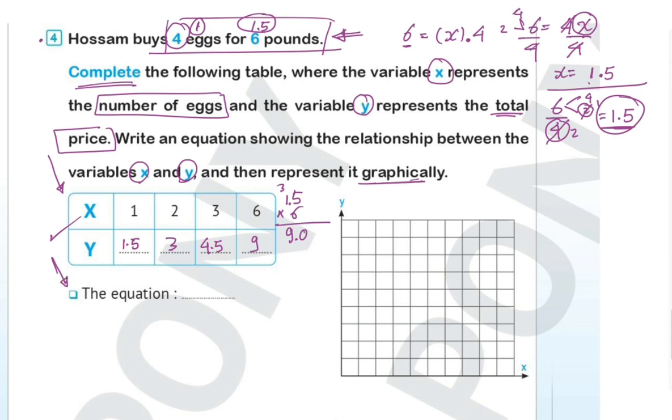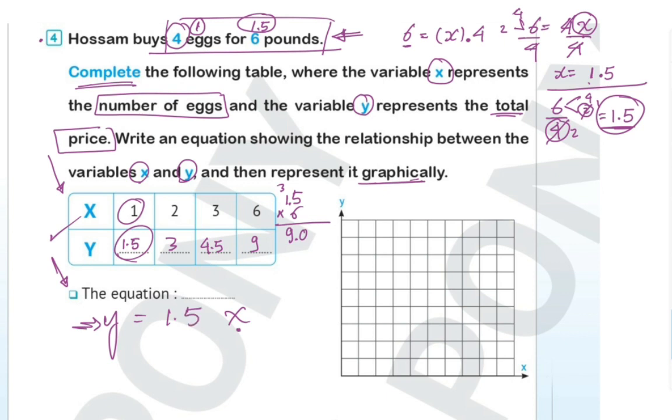Next, write the equation. The equation is the relation between y and x. Right? y is the dependent and x is the independent variable. Now y equals blank times x. Note with me. x equals 1. Right? y equals what? 1.5x. Now put here 1.5x.